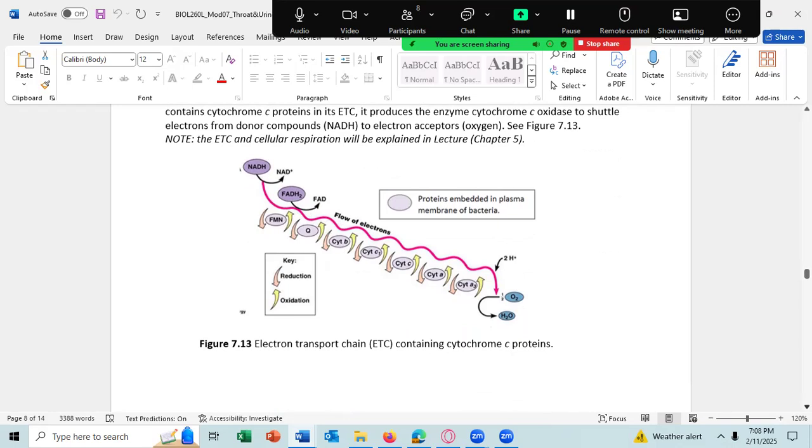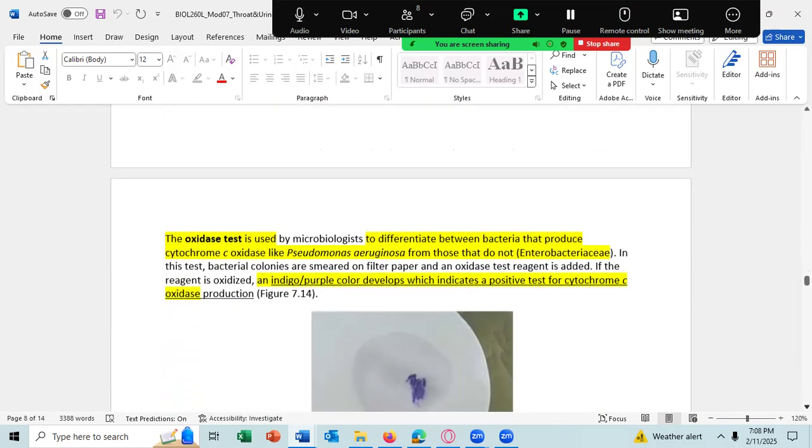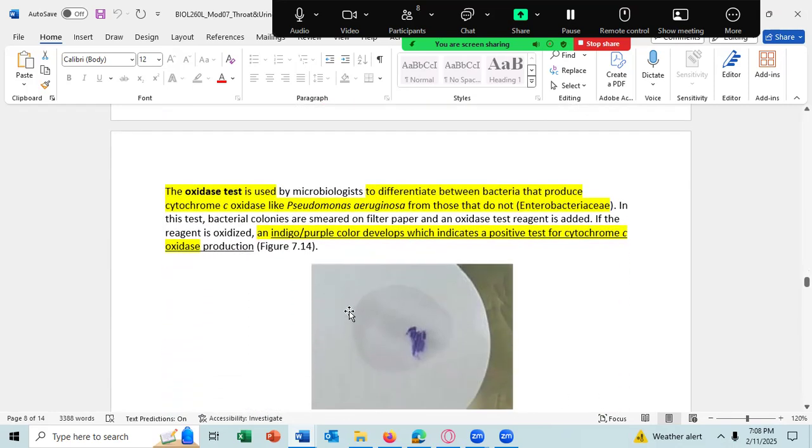If the organism produces oxidase, or the enzyme cytochrome C oxidase, it will be oxidase positive and we'll see a blue or indigo color, meaning purplish color, in the oxidase test within 30 seconds. If you see the color after 30 seconds or you never see the color, then it is oxidase negative.